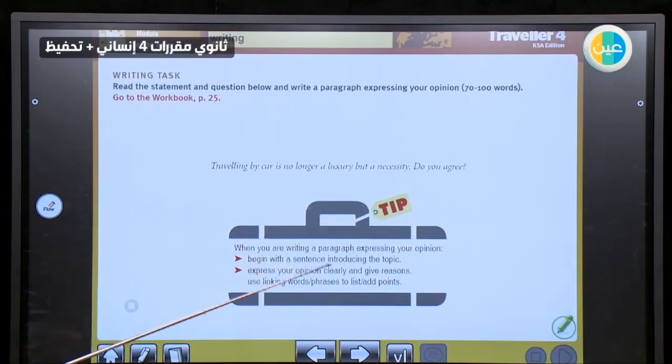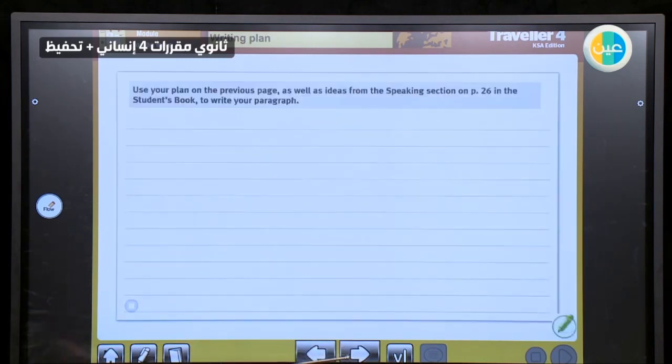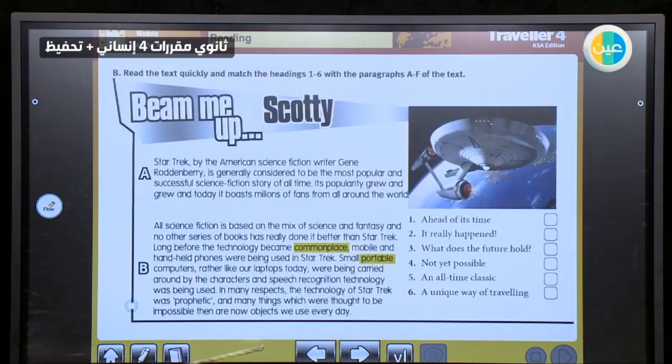Begin with a sentence introducing the topic. Express your opinion clearly and give reasons. Justify. Use linking words or phrases to list or add points. This is the brainstorm plan.